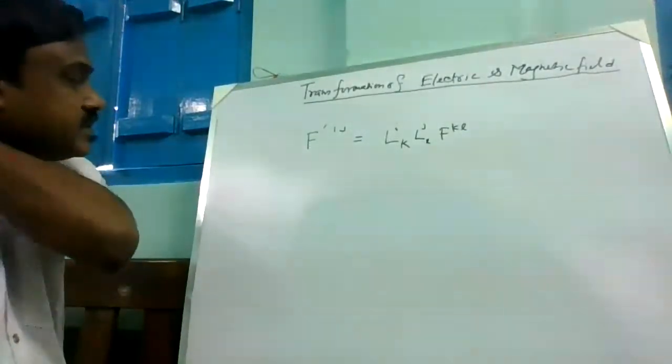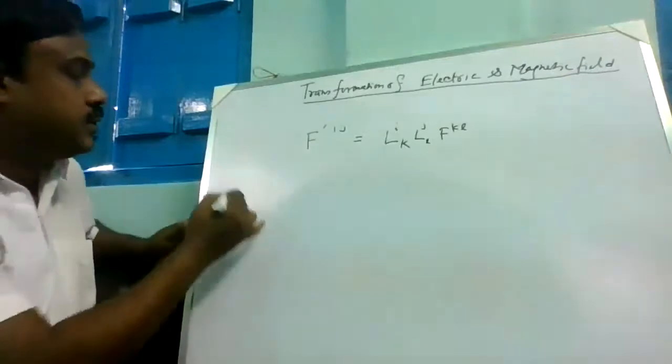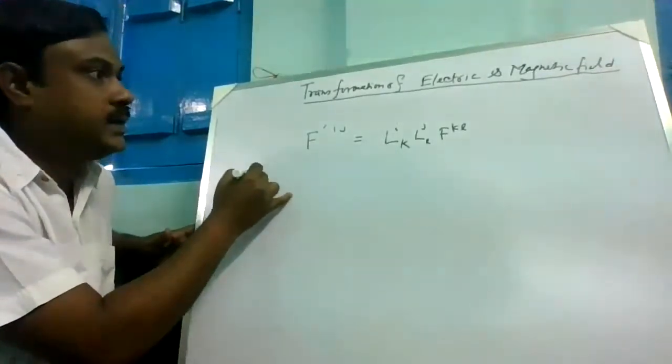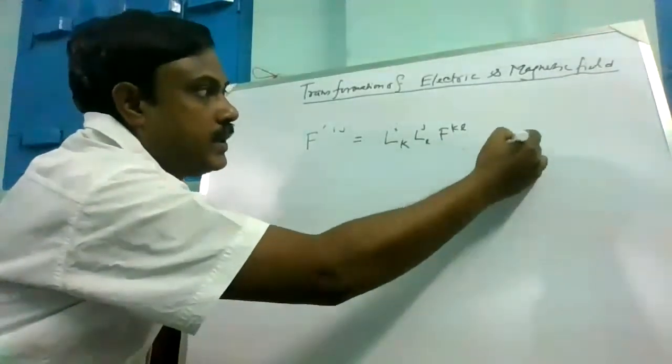Now, for the transformation of these fields, we know the Lorentz matrix L ik is of the form L ik.